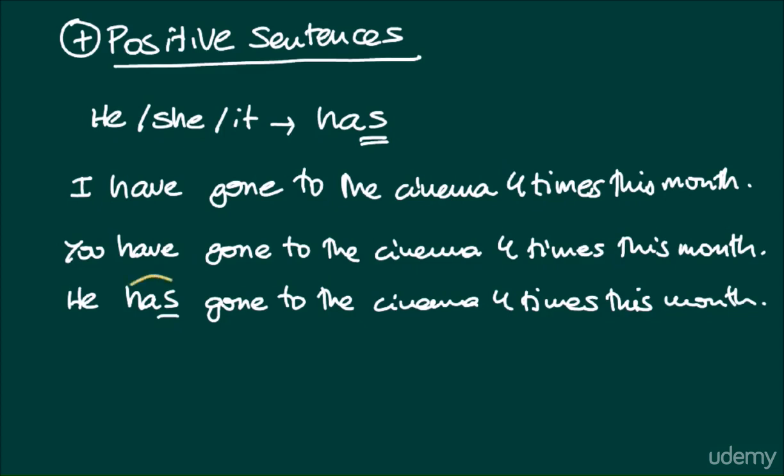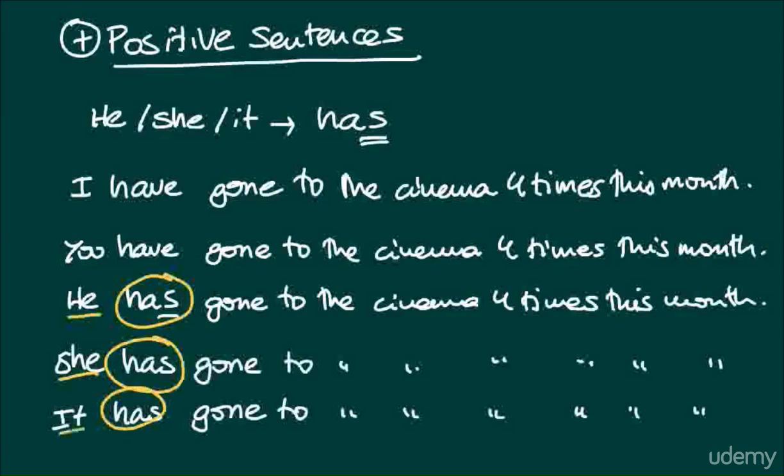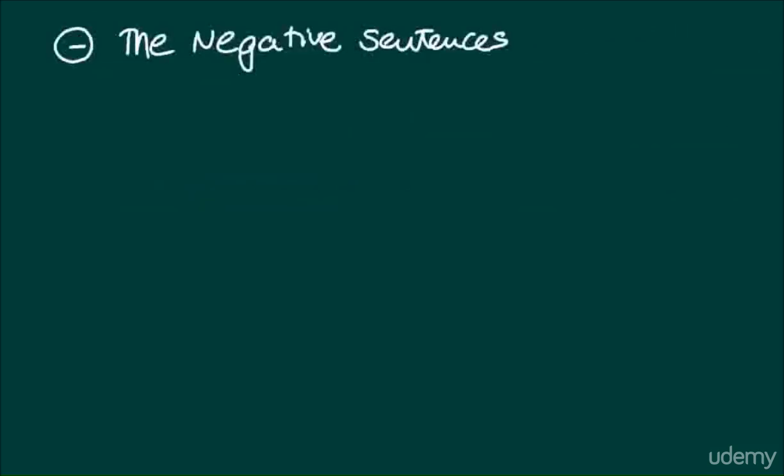He has gone. She has gone. It has gone. We have gone. You have gone. They have gone to the cinema 4 times this month.